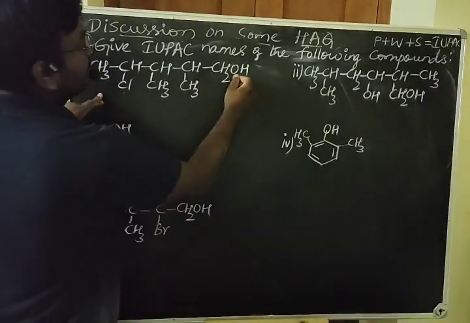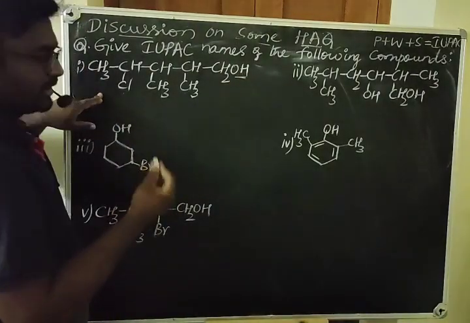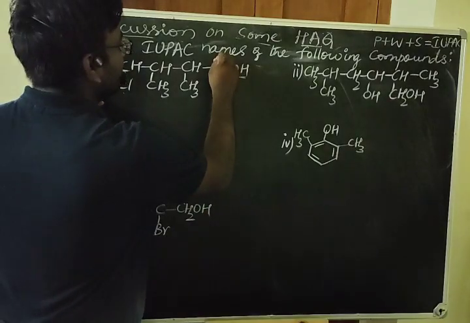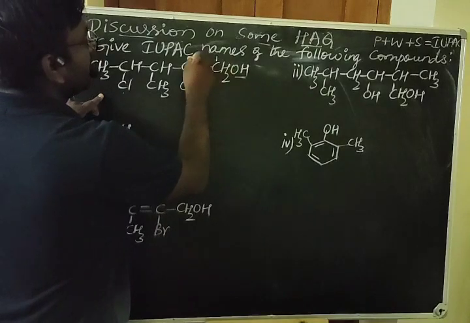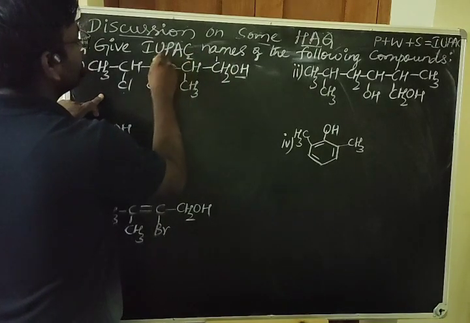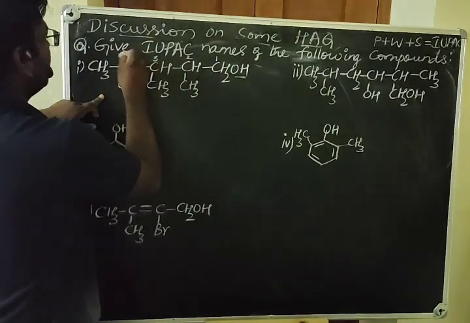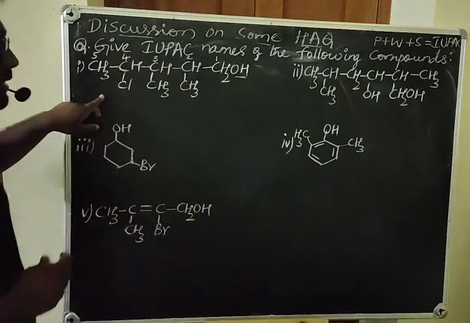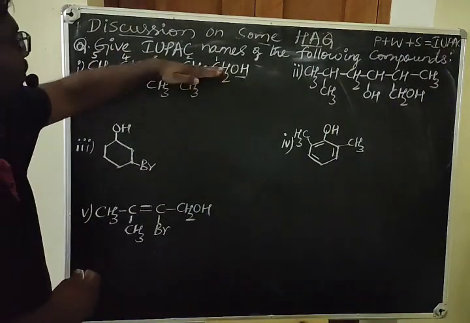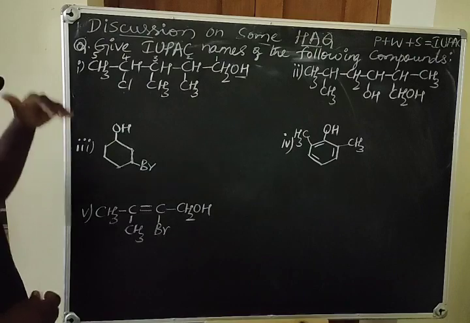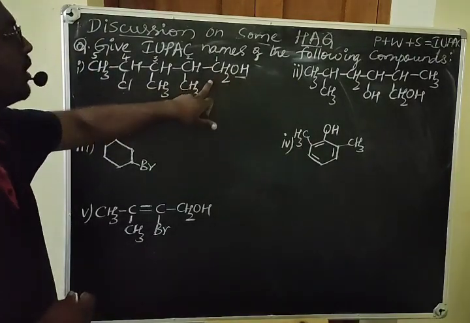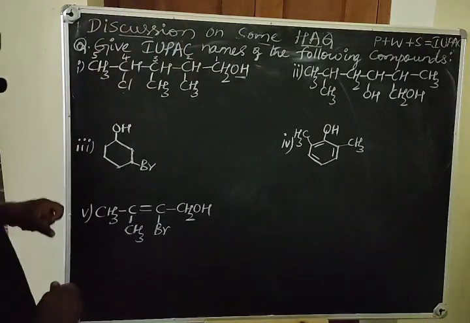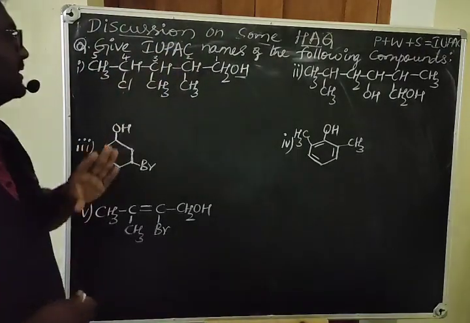The carbon containing the major functional group is numbered as 1: this carbon is 1, 2, 3, 4, 5. The chain that covers the maximum number of carbon atoms along with the major functional group is called the word root, and these are all prefixes.